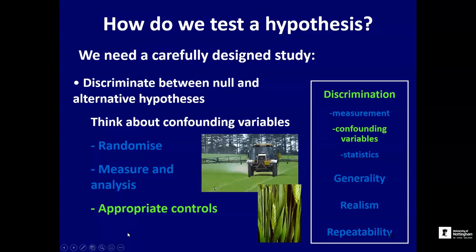In the case of unwanted effects of manipulation, nearly always the solution is to design your manipulation carefully enough and your controls carefully enough to mean that the difference between treated and control individuals, in this case fields, is only the variable you're interested in. So in our case, there's an easy solution here.